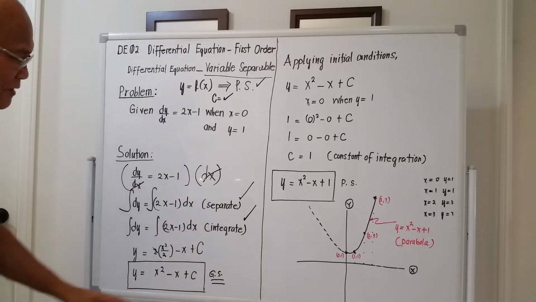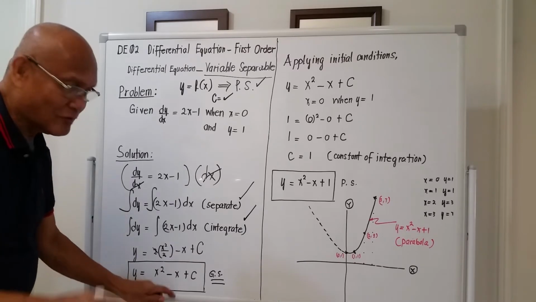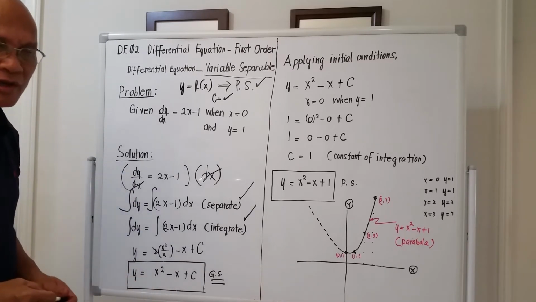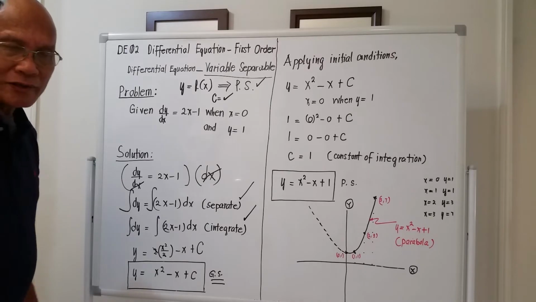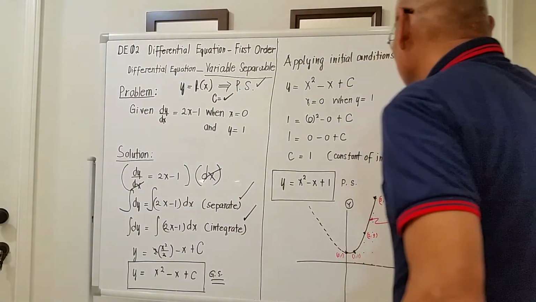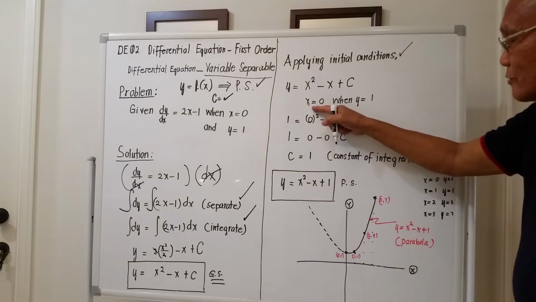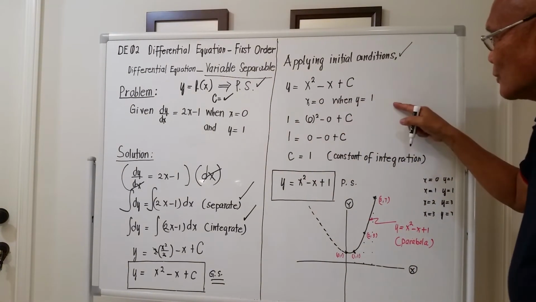The problem is not asking for this one, but for sure we will pass by this to solve for the particular solution. So how could we bring out the particular solution? Applying the initial conditions. We are given the condition in the problem that when x equals 0, y is equal to 1.